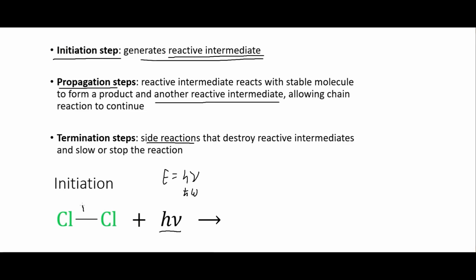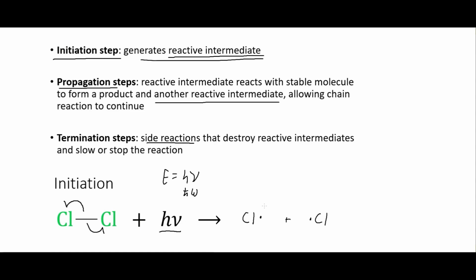For that, we again follow the electrons, but now we use only a half arrow because we're going to have single electrons moving. So one electron goes to one chlorine, the other goes to the other chlorine, and so we end up with a free radical here plus another free radical here, where a free radical is a single unpaired electron.